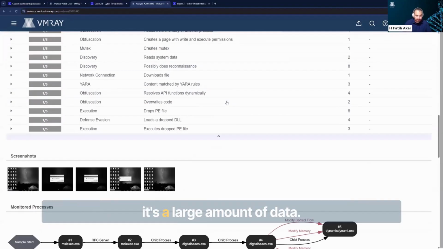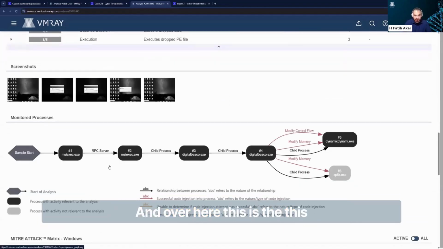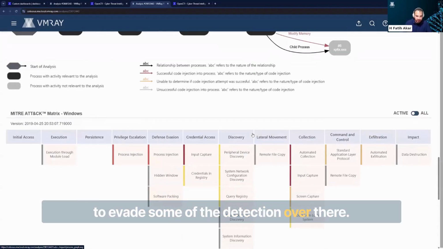And in this case, it's a large amount of data. And over here, this is the timeline of the processes in that analysis. So it creates msiexec.exe, and then goes on to the final stages where it does a lot of injections into even its child processes to evade some of the detection over there, right?